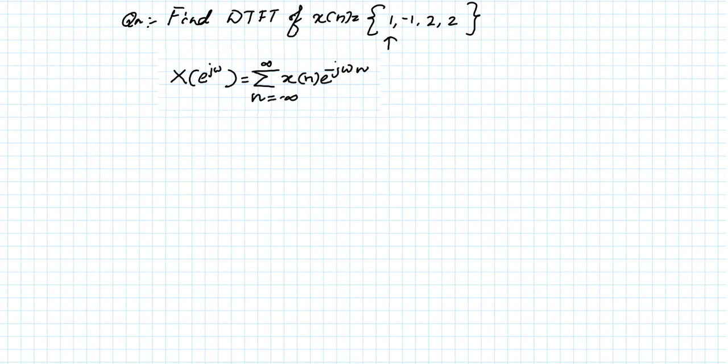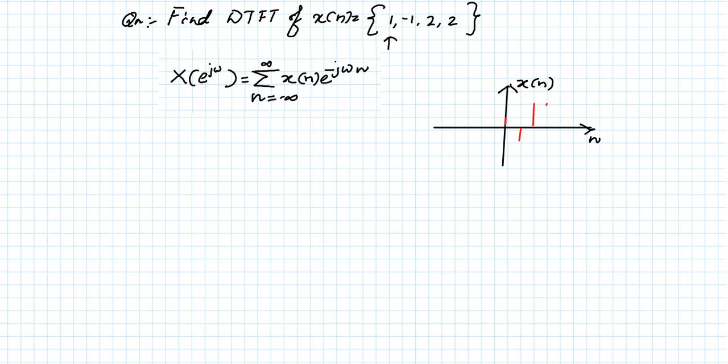Here the signal is given by some discrete values, so we can plot the signal like this. This is a graph, this is n, and here I can mark x of n. You can see that the signal starts from 0, and at 0 the signal value is 1, here it is minus 1, here it is 2, and here it is 2.